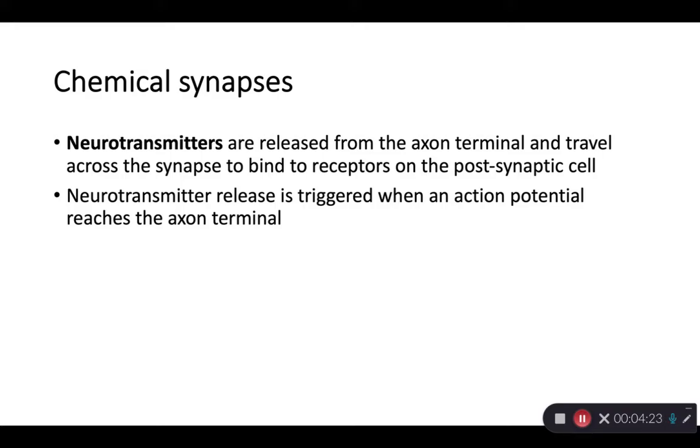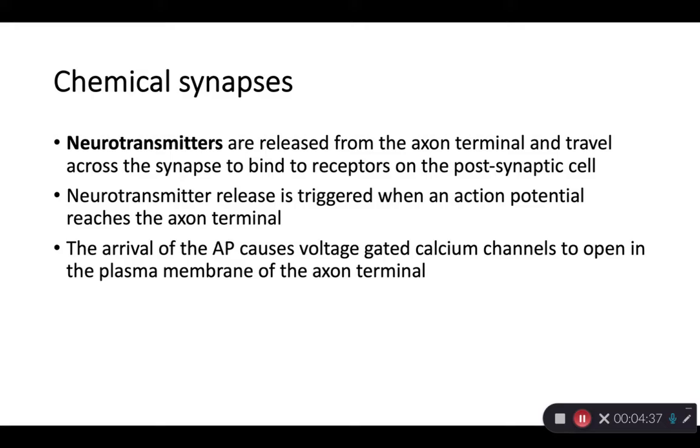The neurotransmitter release is going to get triggered, as I mentioned, when an action potential reaches the axon terminal. And in a second, we'll look a little bit more closely at the detailed mechanism of how that electrical signal will trigger the neurotransmitter release. Basically, there are going to be voltage-gated calcium channels in the axon terminal that will open in response to the action potential reaching the end of the axon.